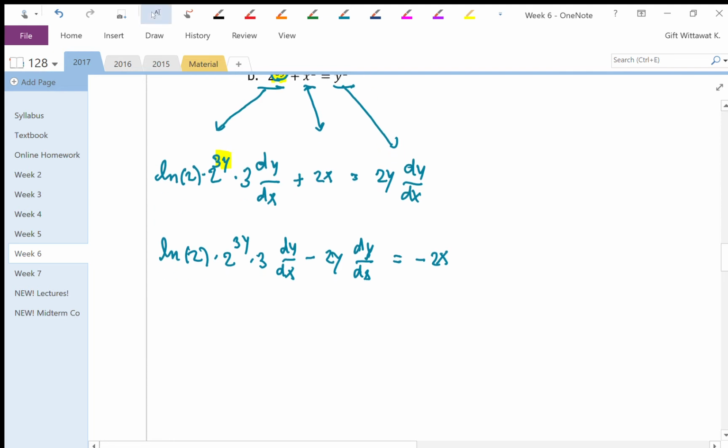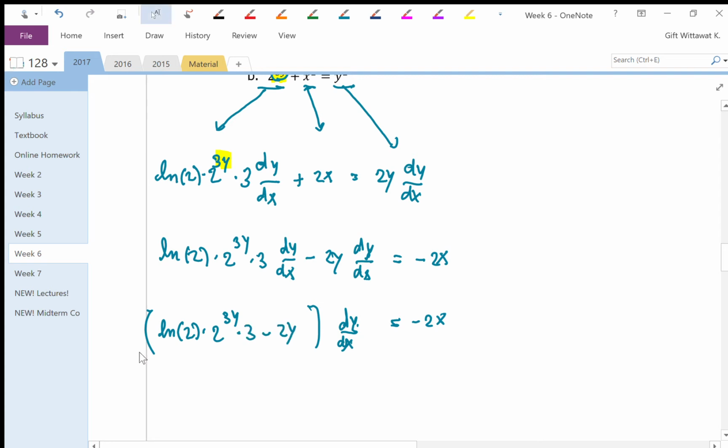I pull off the common factor, which is dy dx. So that is the same as dy dx times this whole chunk: log of 2 times 2 to the 3y times 3, minus 2y.